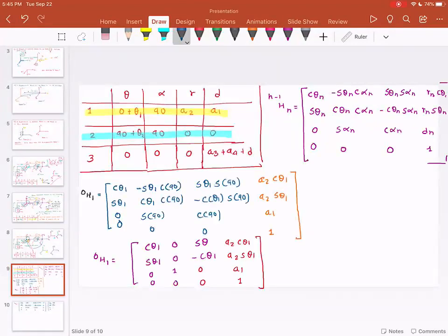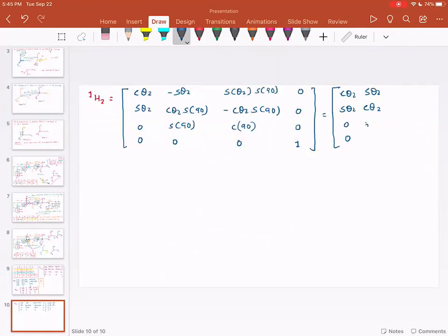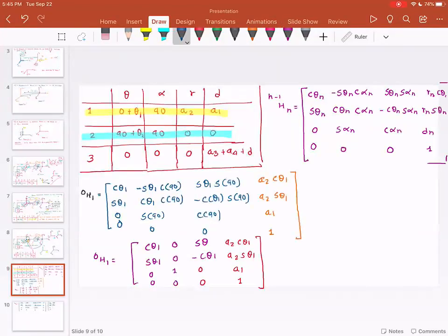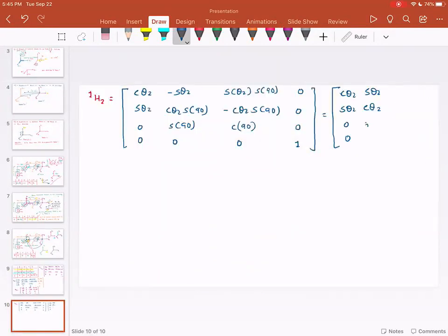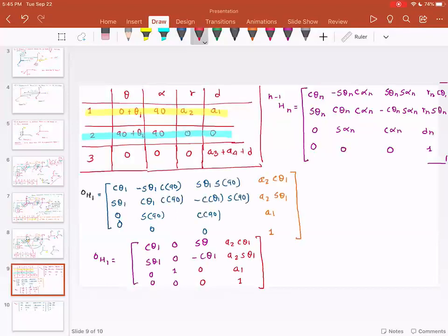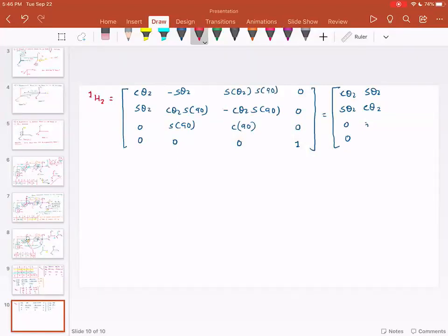Let me check, when you plug in the values it should be cosine theta 1. So cosine theta 2, sine theta 2, and alpha in this case is 90 degrees.